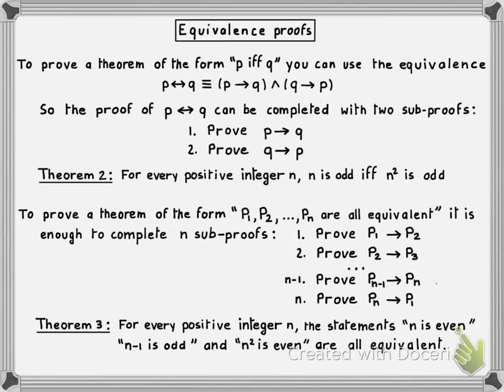So if you successfully proved theorem 3 using the technique we just described, you must have written 3 proofs of conditionals. Namely, you must have proved that P1 implies P2, that P2 implies P3, and finally that P3 implies P1.